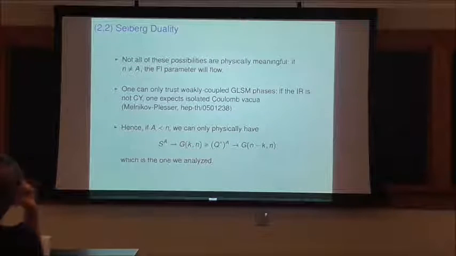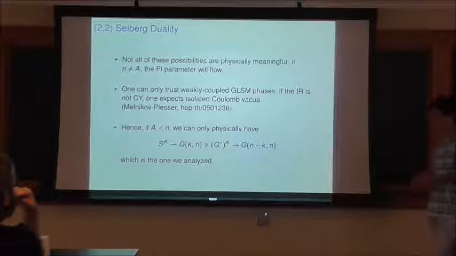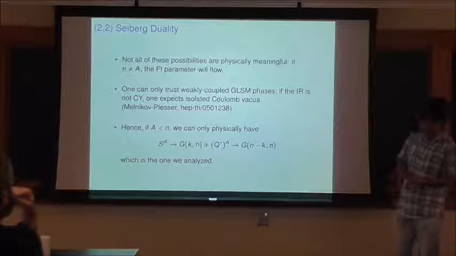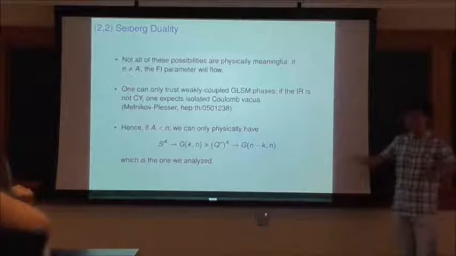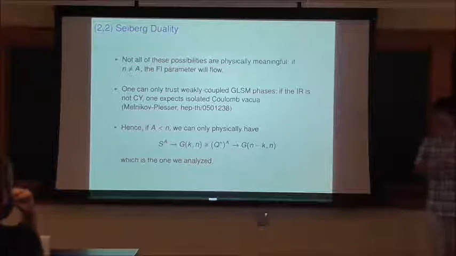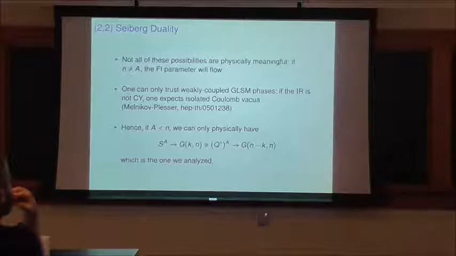So in some cases, the size of the target space actually shrinks as you go to the IR. In other cases, the geometry actually gets larger. So in the cases where it shrinks, you cannot trust your geometric analysis anymore because the large radius assumption is just wrong. So you cannot use the semi-classical argument.